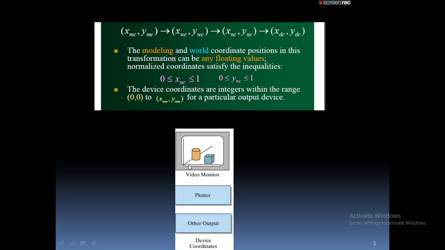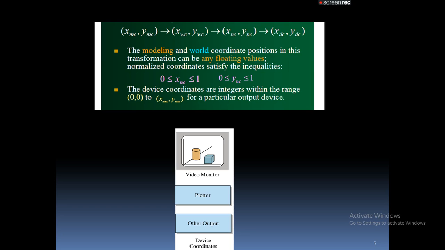So we represent our image on the screen of the monitor within the range of 0 to x max with respect to the x axis, and 0 to y max with respect to the y axis. When you map normalization coordinates to screen coordinates, then we can view the object on the screen of the monitor.